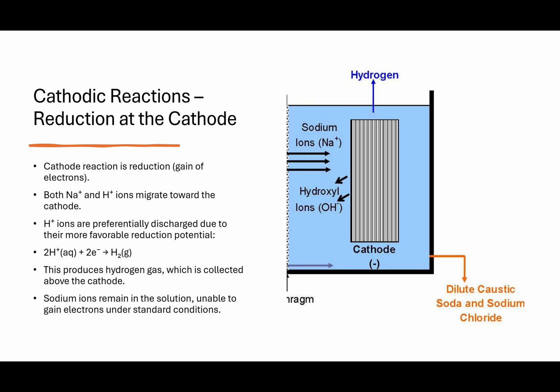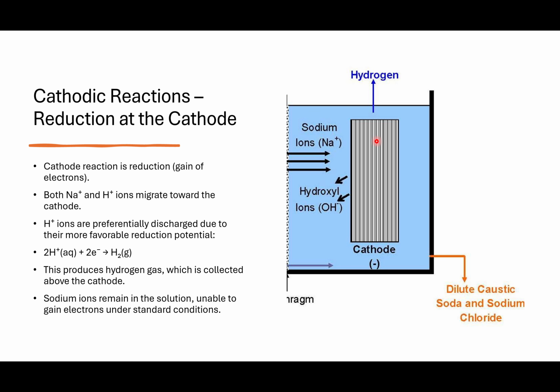As we say, the chlorine gas is going to be produced, hydrogen gas is going to be produced, leaving free sodium ions and free hydroxide ions. And that will now combine to create sodium hydroxide. As you can see here, sodium ions will come from the anode, going across the diaphragm into the solution.